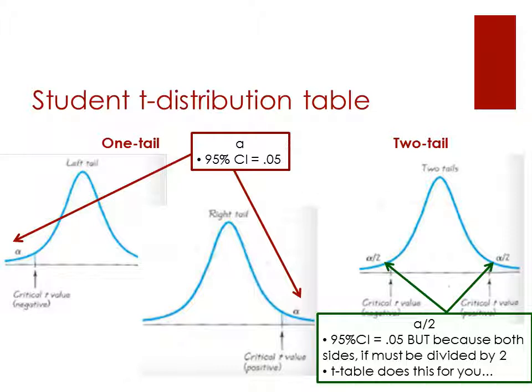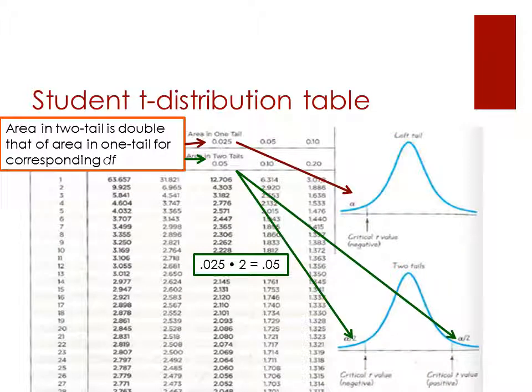Now, the t distribution table does this for you. So here you can see the area in the two tails is double that of the area in the one tail for the corresponding degrees of freedom. If we go across here, you can see the area in the one tail is 0.025, right? And for the two tail, it's 0.05. That's 0.025 times 2 equals 0.05.